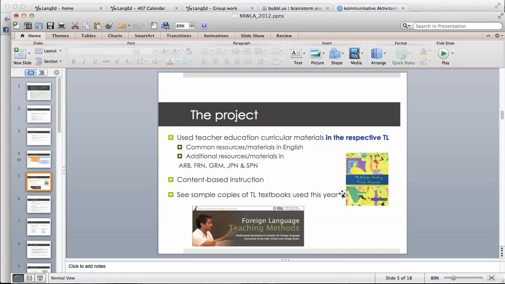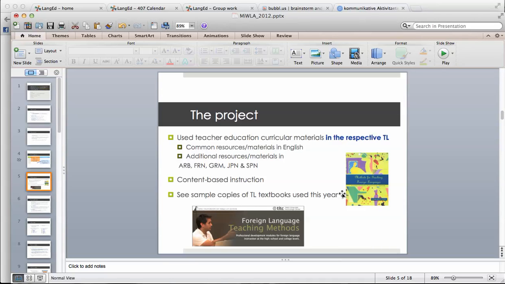How we've done this is basically using a common English language text. When we started this work 2 years ago, we were using Joan Kelly Hall's textbook. This past academic year, we used an online format. The University of Texas at Austin has developed what I think is an excellent online foreign language methods course that's completely free.